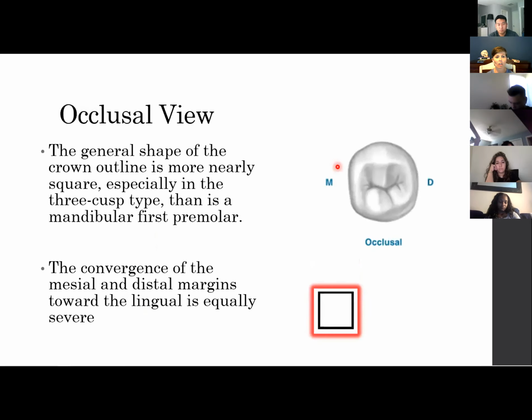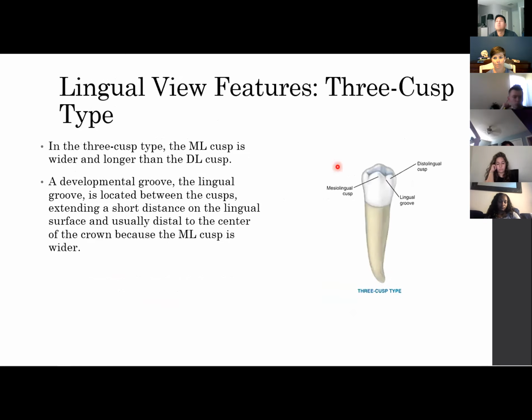All right, so the general shape of the crown outline is more clearly square. It is a boxier tooth compared to the first premolar, all the other premolars actually, especially the three cusp, which looks a little bit more square. Actually, no, that one is not. Hold on.